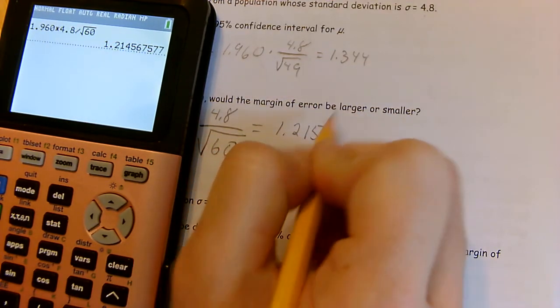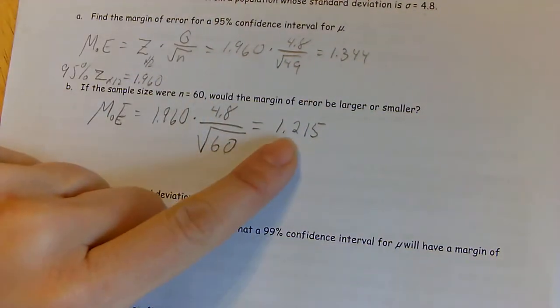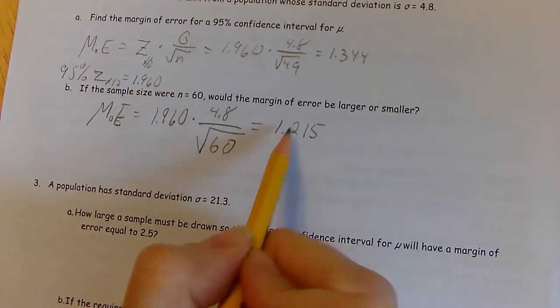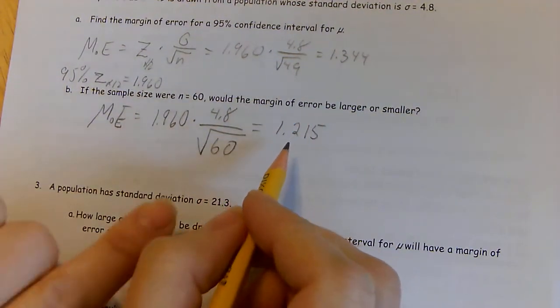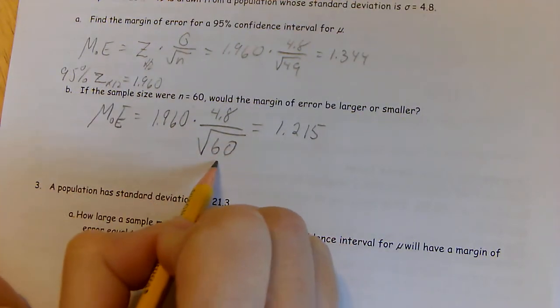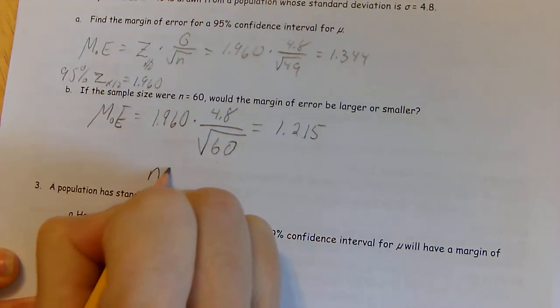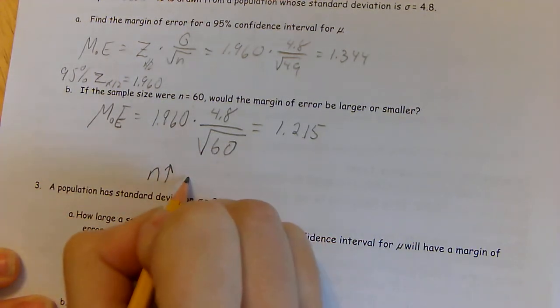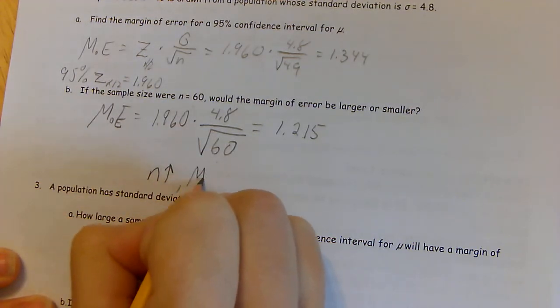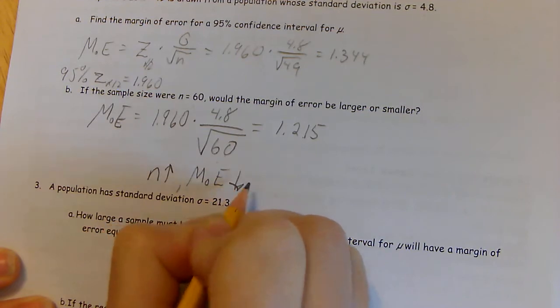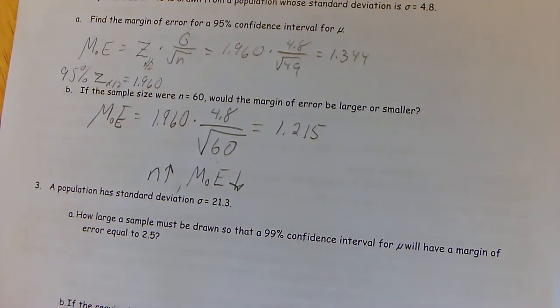I'll round that to 3 decimal places. My margin of error is slightly lower. It's smaller. The greater your sample size, the more accurate you are, the lower your margin of error will become.